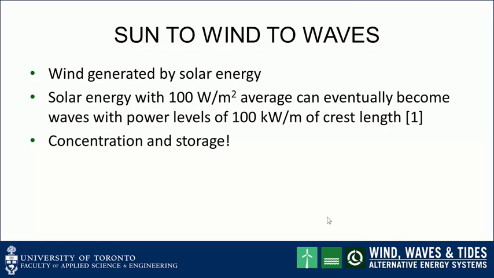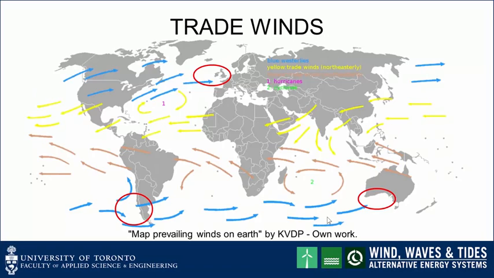So if we know that waves are generated by wind acting over long distances, then where would we likely find powerful waves? This slide is reproduced from the very first lecture of the course, Part A, on global wind sources. So we have a slide of the trade winds, and what we're looking for is where there are long fetches with high winds.